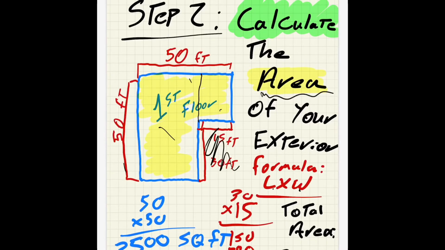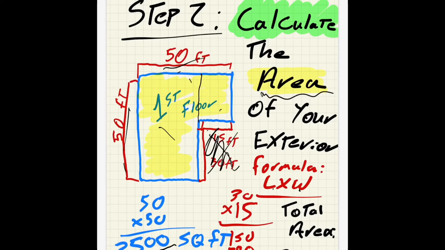For my calculation, I did the total area of 50 by 50, which gave me 2,500 square feet. I'm going to take away the 450 square feet that is this area that I crossed out. So 2,500 feet minus 450 feet gives me a total area of 2,050 square feet.